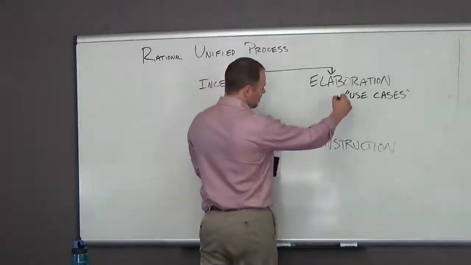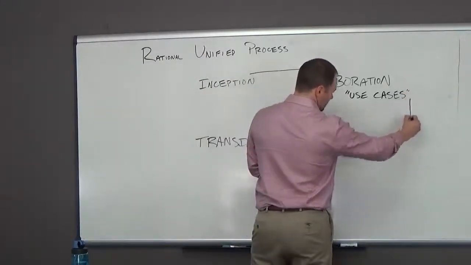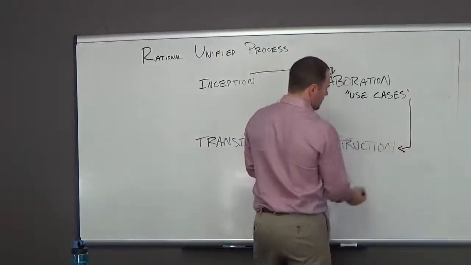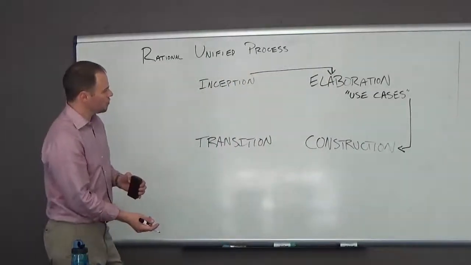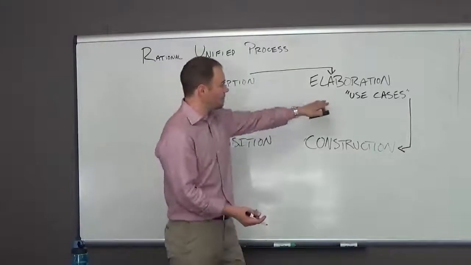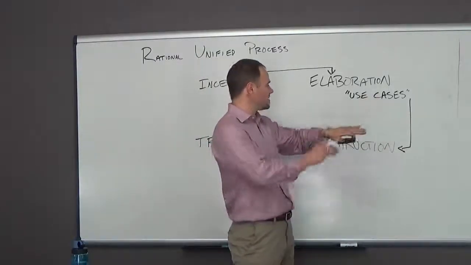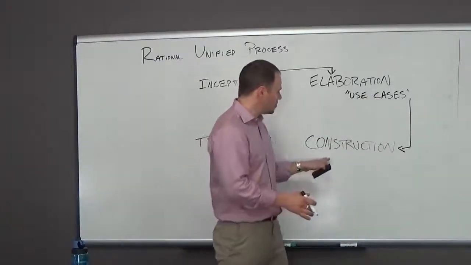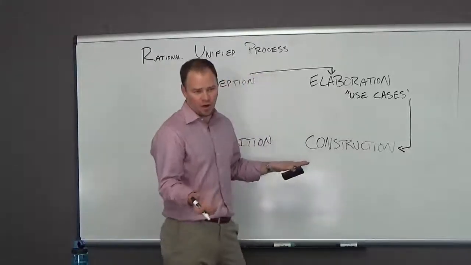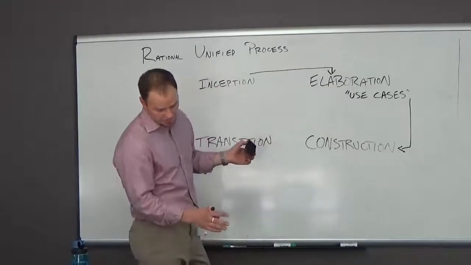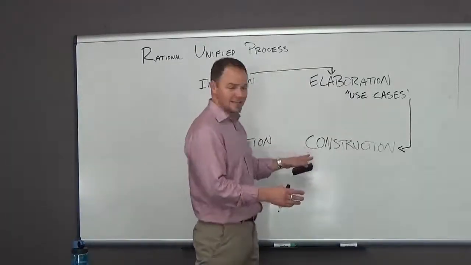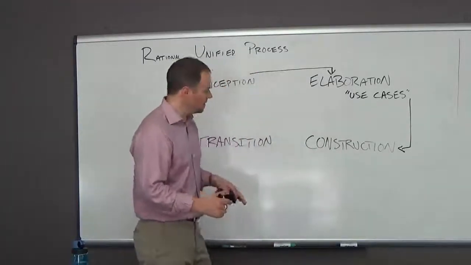So then from here, we find ourselves going down to the next stage, which is construction. So we take ourselves from elaboration, where we've got elaborate use cases that are well documented, detailed, into, what does this kind of sound like from the waterfall methodology? Development, right? Essentially at this point, we're just quite simply building, with some testing going on.